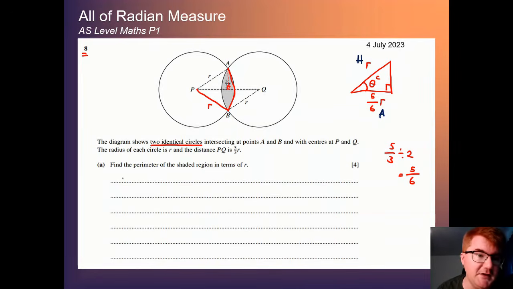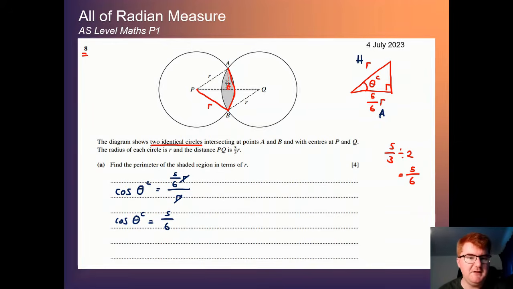The cosine of the angle, cos theta, is equal to adjacent over hypotenuse, so it's equal to 5/6 R divided by R. By doing this we can cancel out the R's, so cos theta is equal to 5/6. That's why we can work this out.